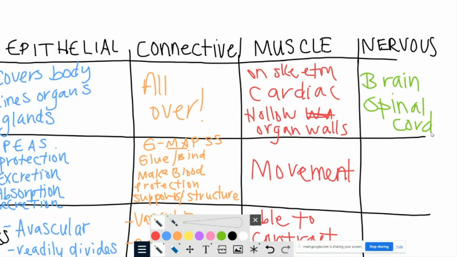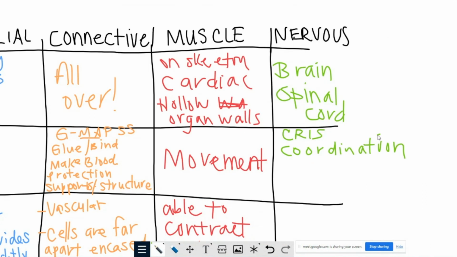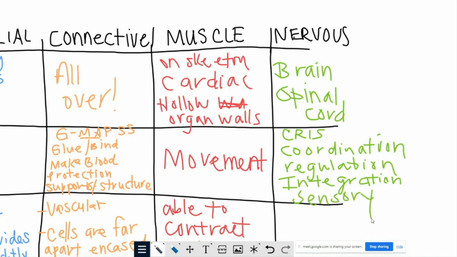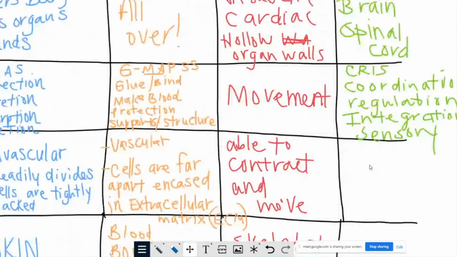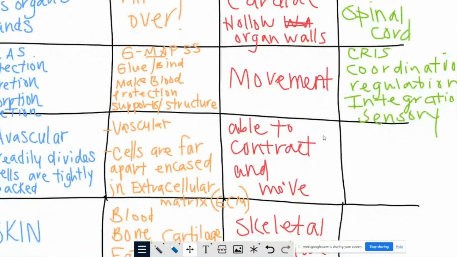So the function is going to be, CRIS is the abbreviation, and that stands for coordination, regulation, integration, and sensation or sensory. So those are functions of the nervous tissue. You'll see how we're going to integrate them into the characteristics in a moment. So the function of the nervous tissue is that it coordinates and regulates your body using integration and sensation.